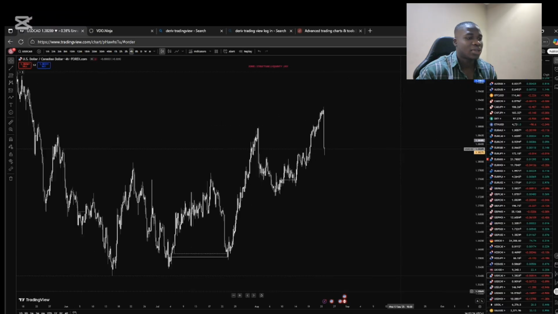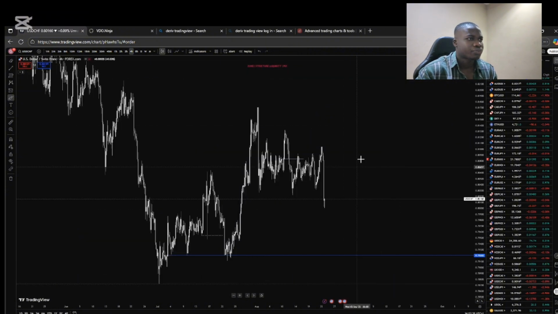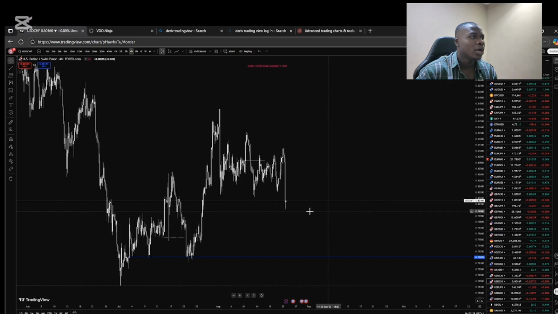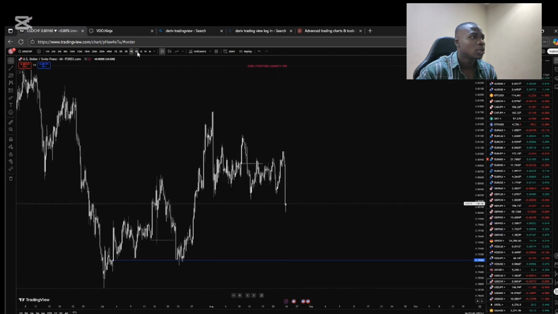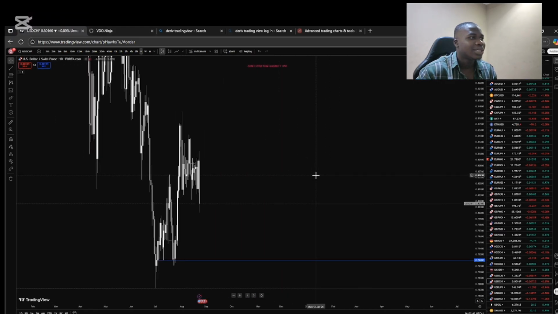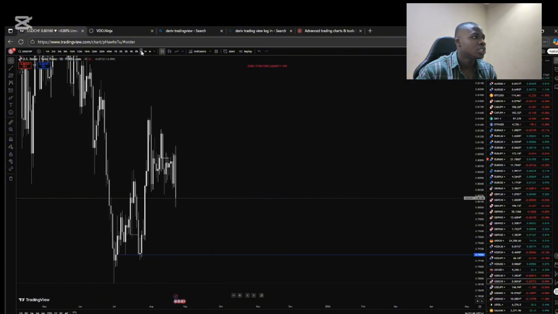So this particular candle right here formed as a result of the Friday FOMC news. So we are seeing AUD CHF currently right now.